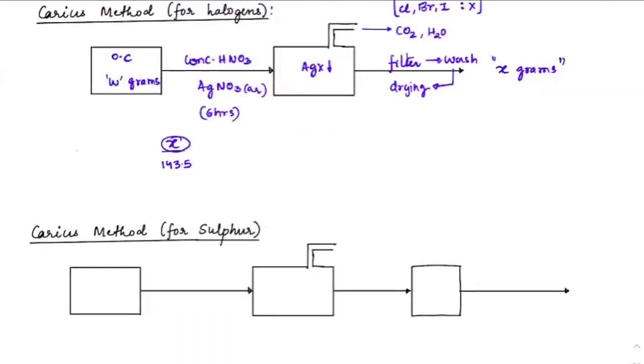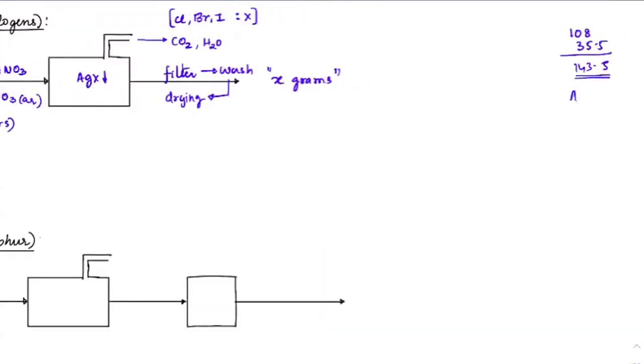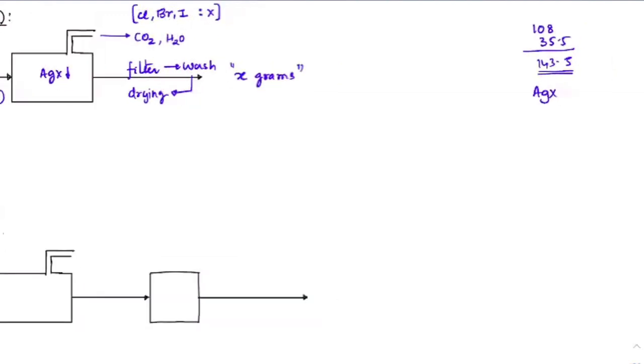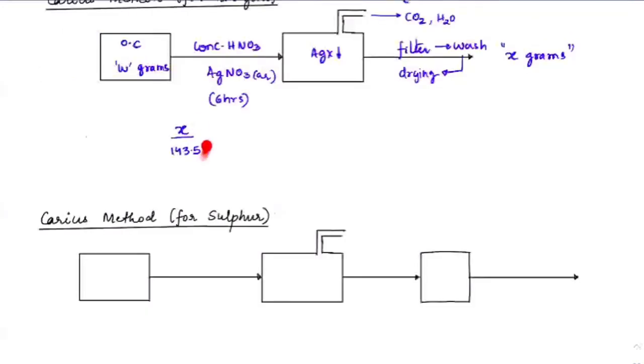So weight divided by molar mass will give us the number of moles. Now tell me, if you have AgX, how many moles of X will there be? For every 1 mole, I will have 1 mole of X. I'm just using POAC. Therefore, these many moles of chlorine atoms will be there. That many chlorine atoms multiplied by 35.5 will give the weight of the chlorine.